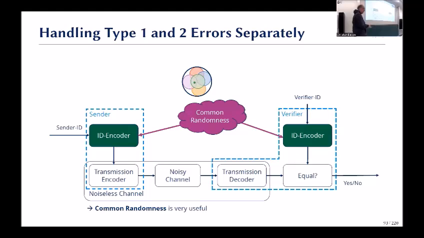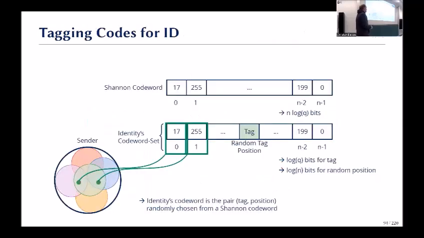Somehow what we do, later I will come to it in more detail, is we generate common randomness. So common randomness is very useful. If someone gives us common randomness, then it would be nice, and we can directly do identification by only sending the color.